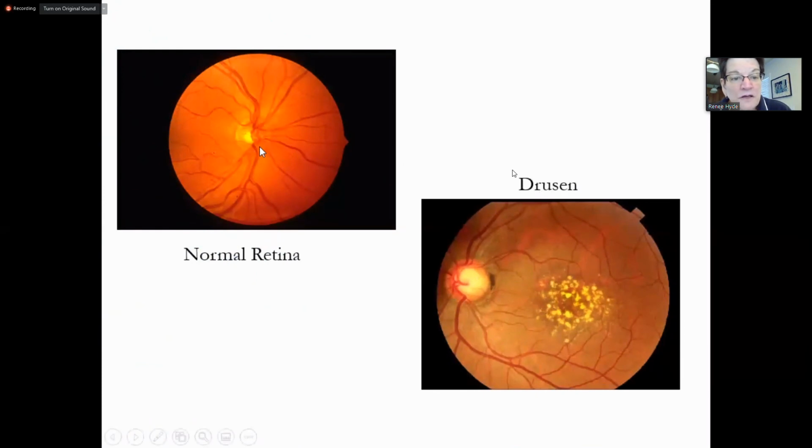Here is a normal retina, okay? Here you can see those yellow drusen, okay? And what's happened is that all the areas that drusen has occurred, you have those photoreceptors that are not getting light. And so that's why that dark spot forms.